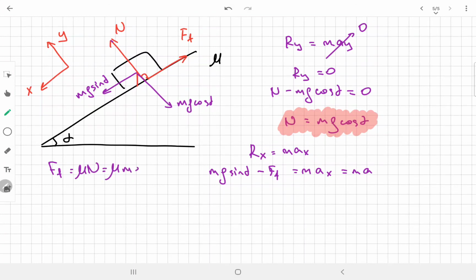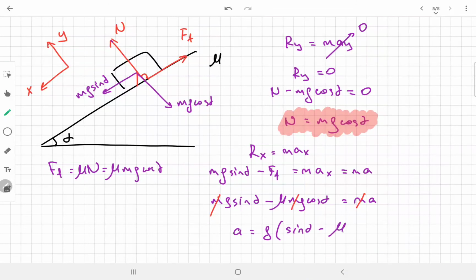Normal force equals mg cosine alpha. So we can just simply continue: mg sine alpha minus mu mg cosine alpha equals m a. We can remove masses. So from here, acceleration equals gravity times sine alpha minus mu cosine alpha. With this acceleration, it will move downward.